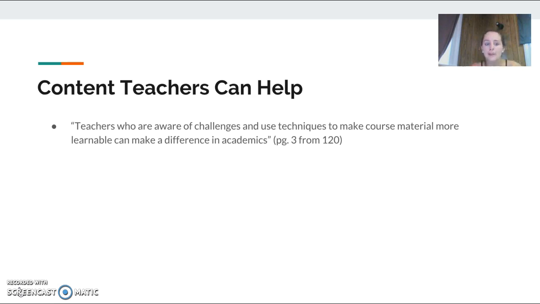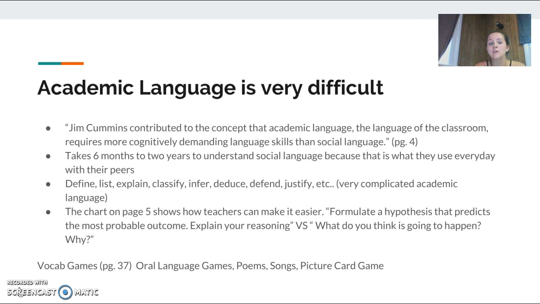A quote that I took from page 3 from the 120 strategies was, teachers who are aware of challenges and use techniques to make course materials more learnable can make a difference. And I saw a lot of this because they teach doing songs and rhyming and things like that, which are techniques you can use that will make a difference in the academics of your students.